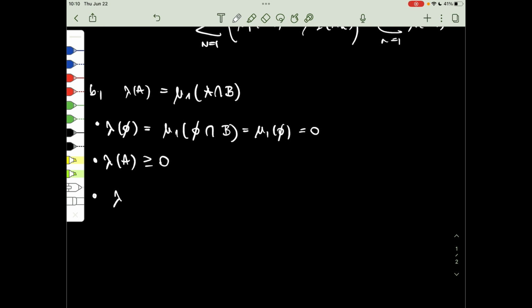So let's do this. Let's have a series of disjoint sets just like previously, and let's put this series of sets into the measure.